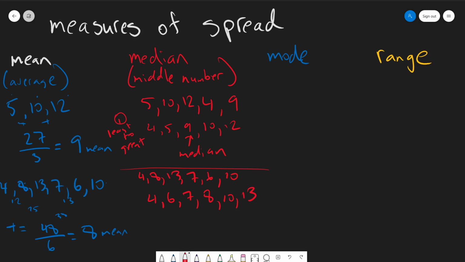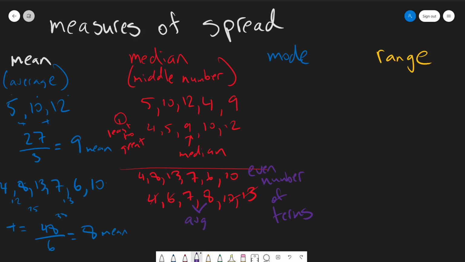And now I want to find that middle one. But something's a little off now. There's no middle. If I took off numbers at the ends, I would have 2 in the middle. So when you have an even number of terms, you need to average the middle.